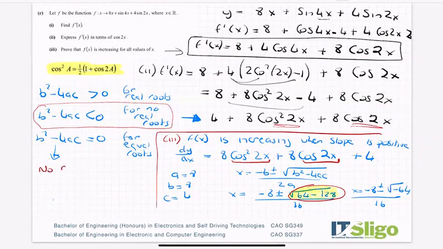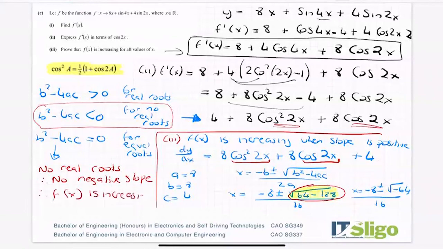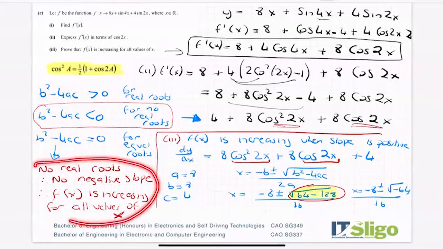So no real roots, therefore no negative slope, therefore f of x is, and you give them back their own words, increasing for all values of x.